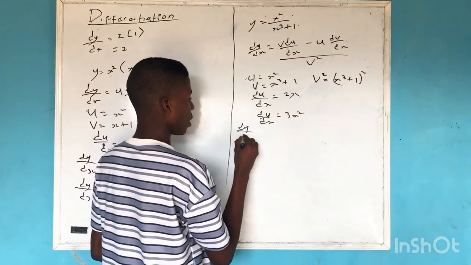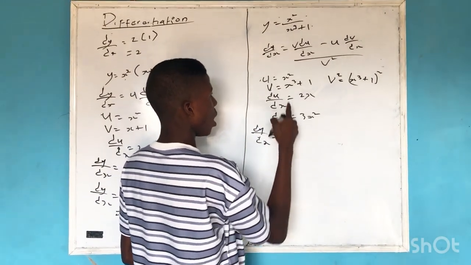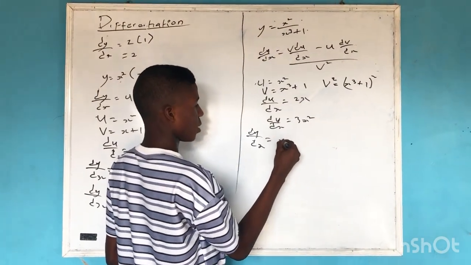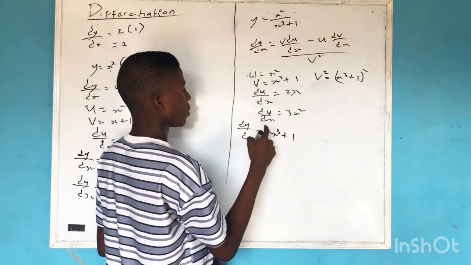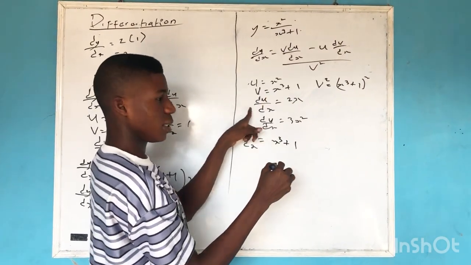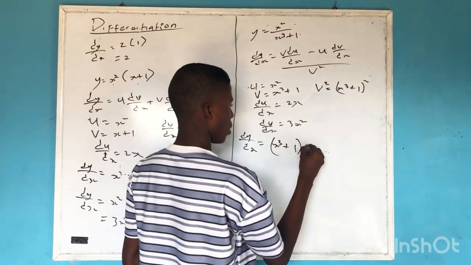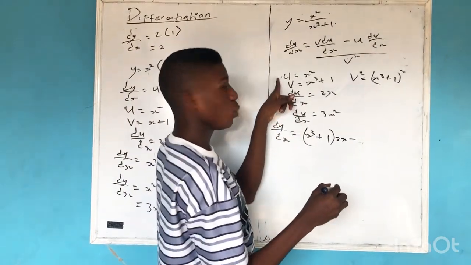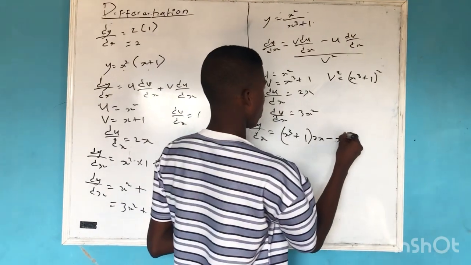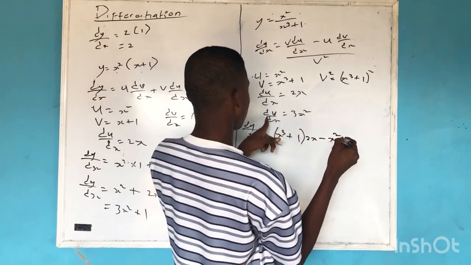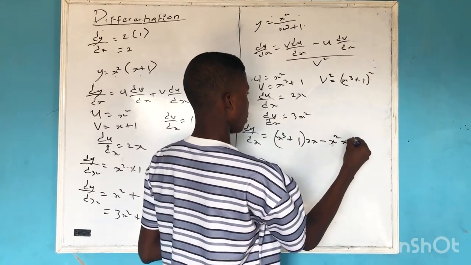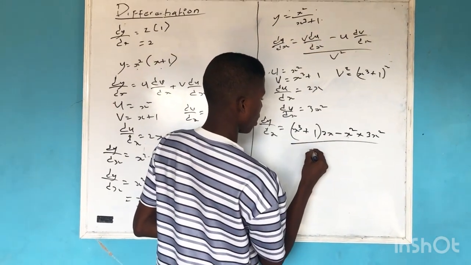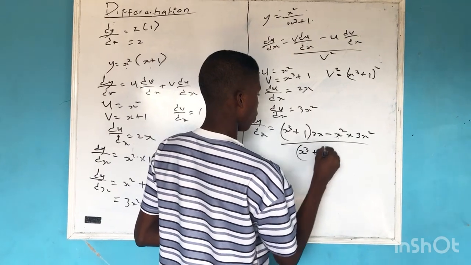Then dy dx will be, my v is what? My v is x³ plus 1. I'll have x³ plus 1 and my du dx, which is this, times 2x minus, then I'll put my u. My u is x squared, and my dv dx is times 3x squared, over v squared, which is (x³ + 1) whole squared.